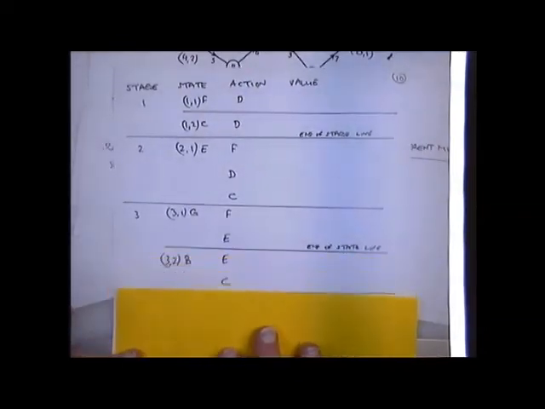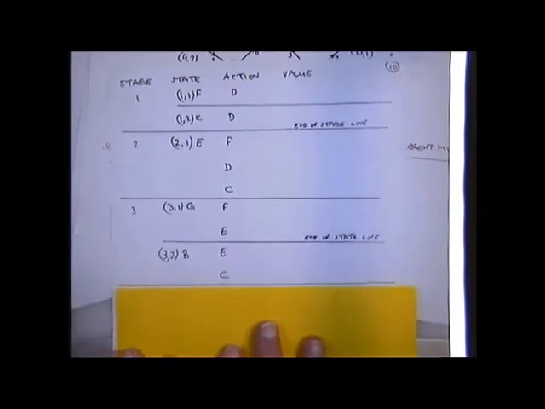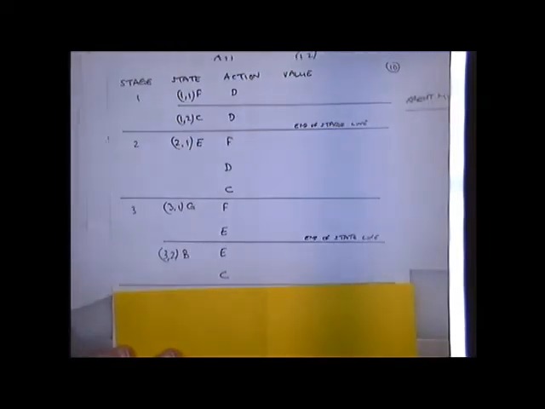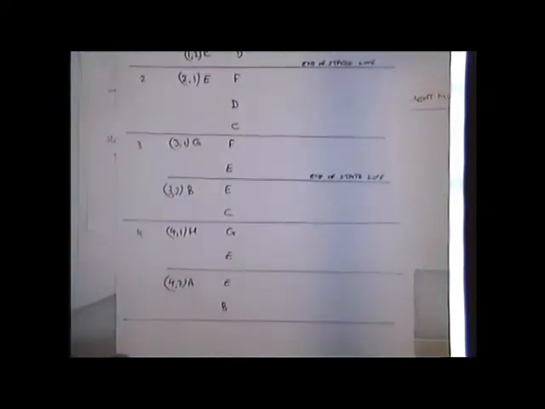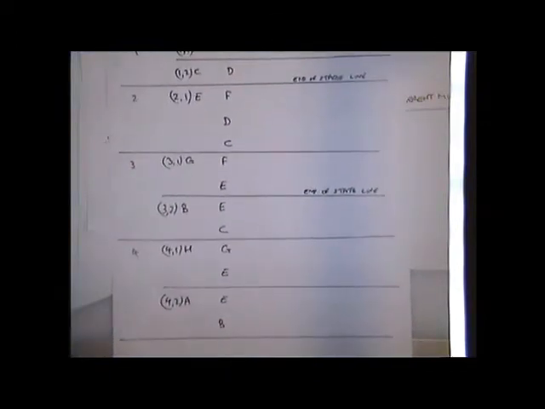Then you list your 3,2 and where you can go from there, and then you have an end of stage line. Then finally you do the same thing for stage 4, which is your final stage that has 2 states, and each state has two possible actions, and then that is the table completed. In a minute we'll talk about what we do with the table.